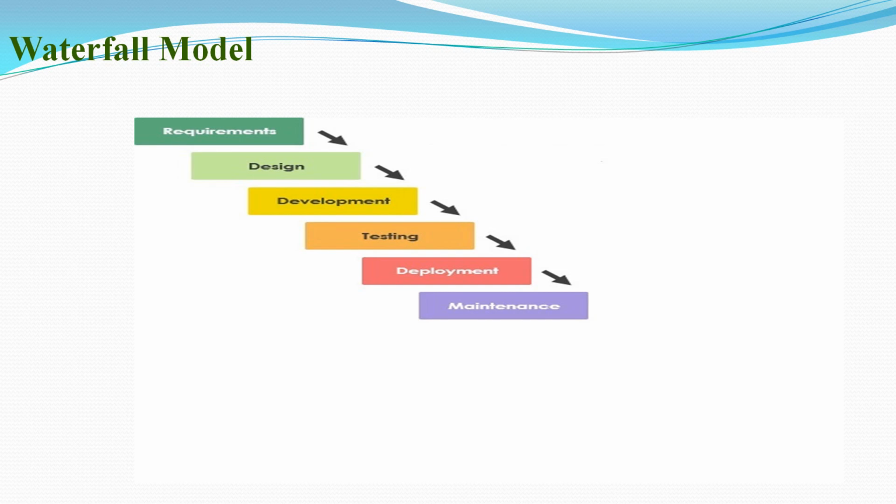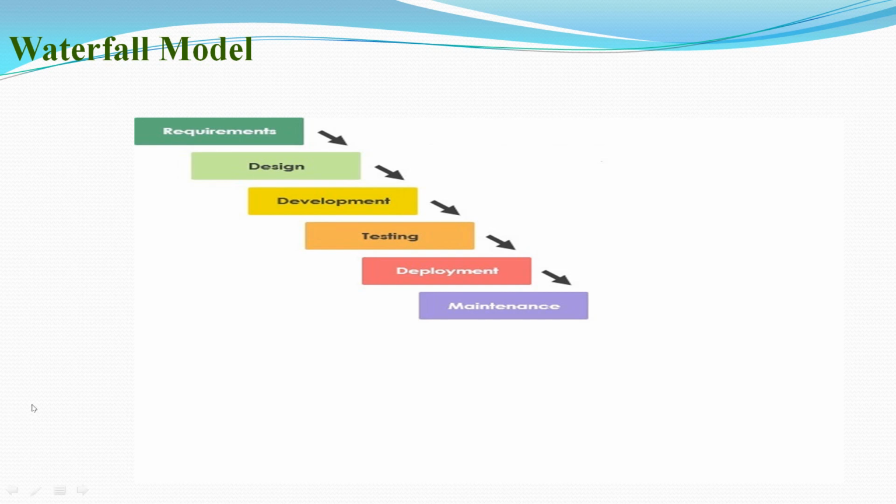So that is why this model is called the waterfall model. I repeat, it is called the waterfall model because it resembles the water flow from higher level to lower level naturally.